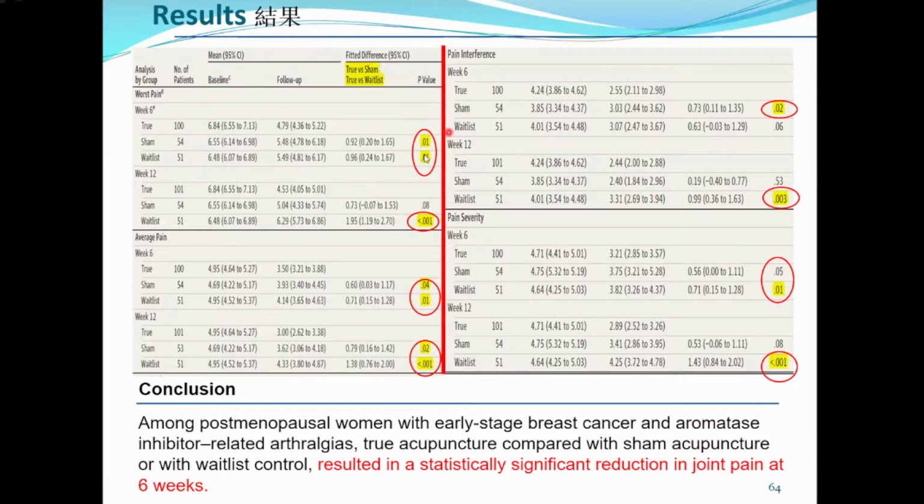I highlighted in yellow where the p-value is smaller than 0.05. So it resulted in a statistically significant reduction in joint pain at 6 weeks. This is a very powerful journal, also a very powerful paper with a large sample size.